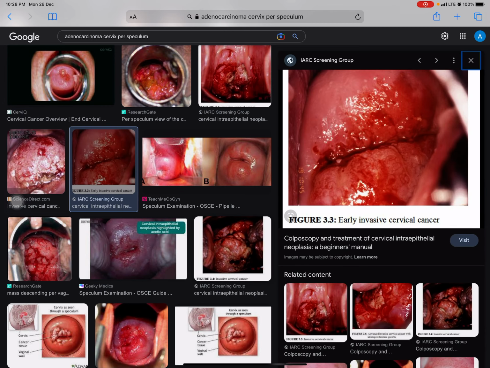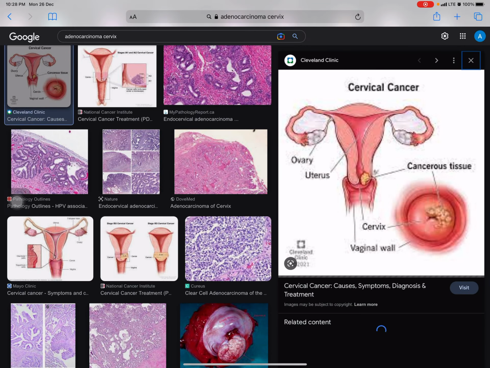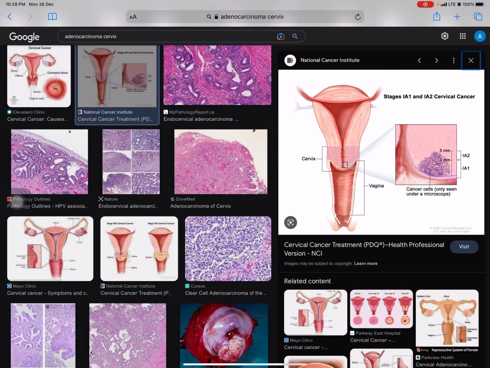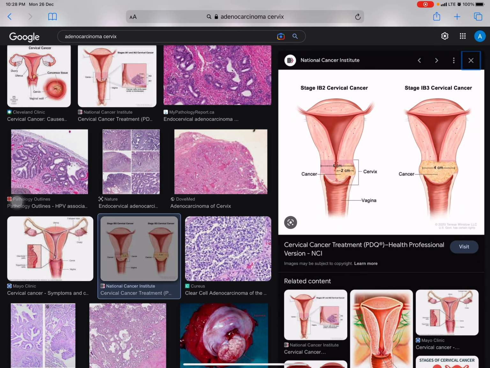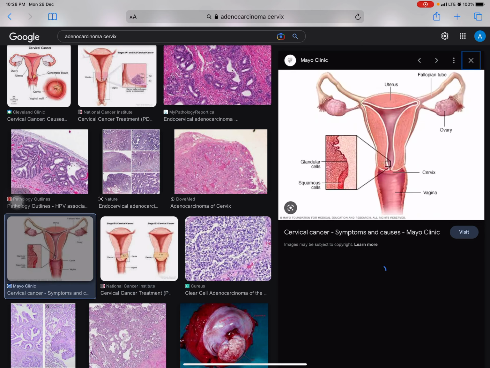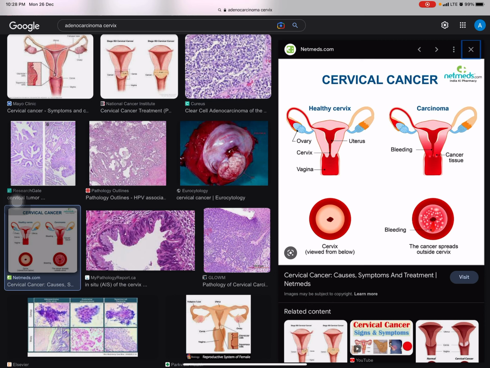Now this is adenocarcinoma cervix. Cervical carcinoma. Not sure if you can get an image, but yeah. So if you have a barrel-shaped cervix and indurated cervix, firm cervix, it is an adenocarcinoma of cervix. So you can take a biopsy from any part of the cervix.